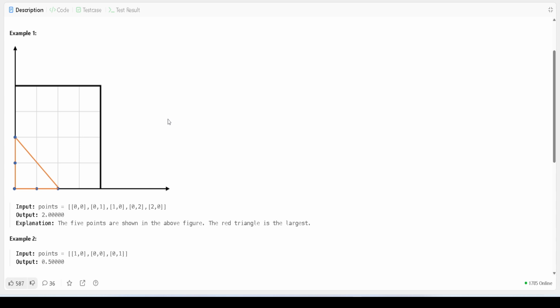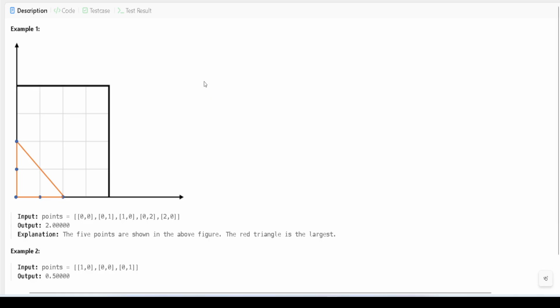So if 3 points are collinear, what is the area? 0, right? Because if all these 3 points are at the same point, it becomes 0. So those things we also have to keep in mind for our understanding. What I'm trying to say is, let's suppose for this case, if all are in a line, it means all the 3 points are at the same point, right?